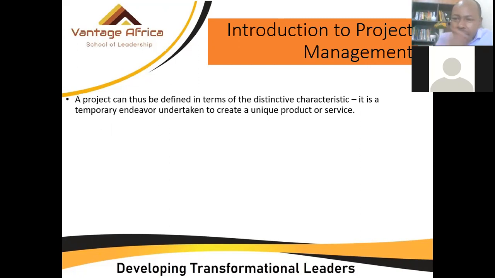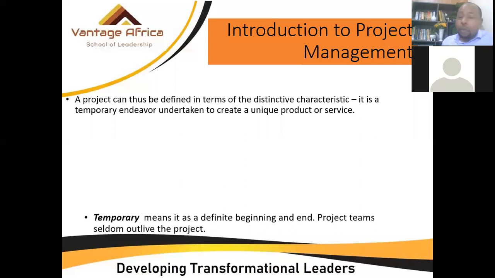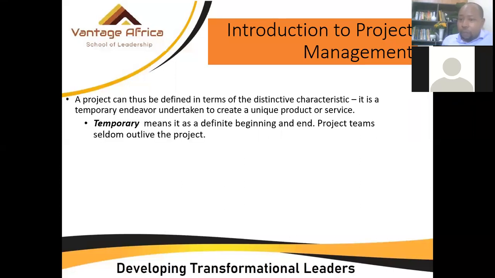What we use is its distinctive characteristics. Okay, what are those things that are unique about a project that you cannot find in organizational operations? Number one, a project is temporary. There is no project that continues forever and ever.